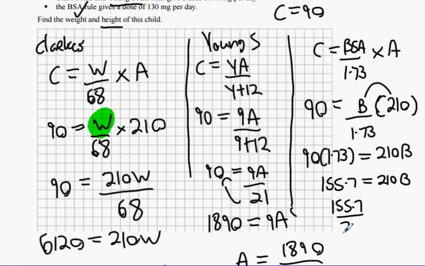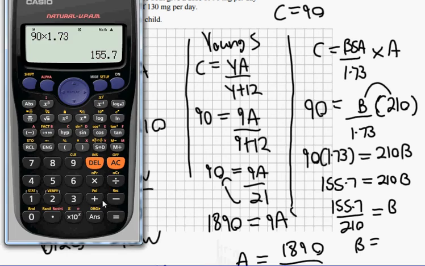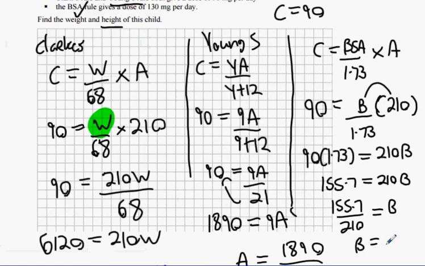So 155.7 divided by 210 equals B. So what's B equal to? Okay, that's where I went wrong then. Divide that by 210 and I get 0.74. B is 0.74.